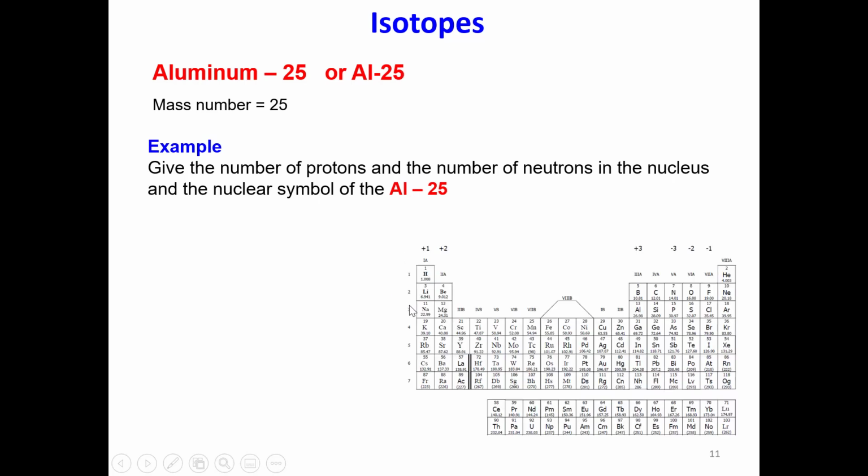First, in order to know the number of protons, we need to know the atomic number. To know the atomic number, we will use the periodic table. Then we can see for aluminum, the atomic number is 13. So the number of protons equals 13.